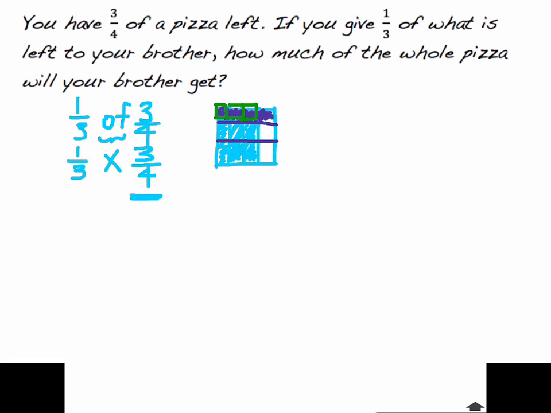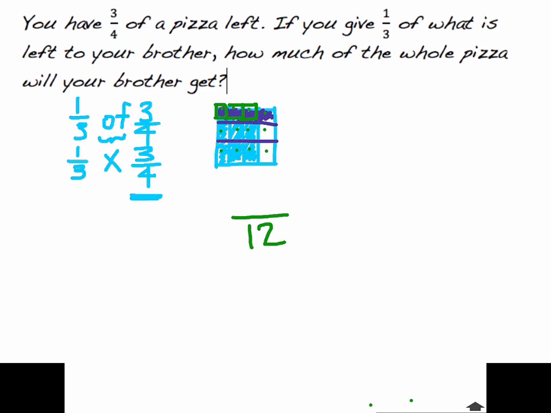To find our solution, we're going to count the total amount of squares in our larger square. So there's 1, 2, 3, 4, 5, 6, 7, 8, 9, 10, 11, 12. That tells me there are 12 pieces in our total unit.